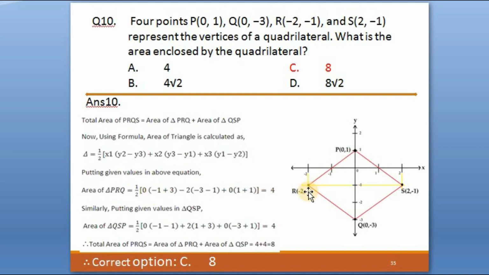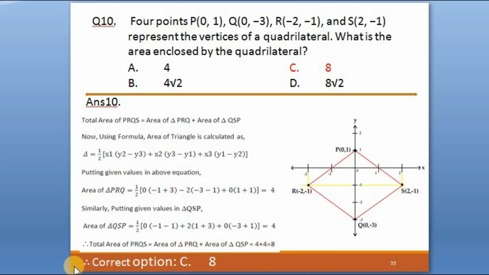So we put all the values and calculate the area as 4. Similarly, putting the given values in triangle QSP, we can find the area of the second triangle. That also comes out as 4. So the total area is the sum of the areas of these two triangles, that is 4 plus 4 equals 8. So the correct option is C, that is 8.